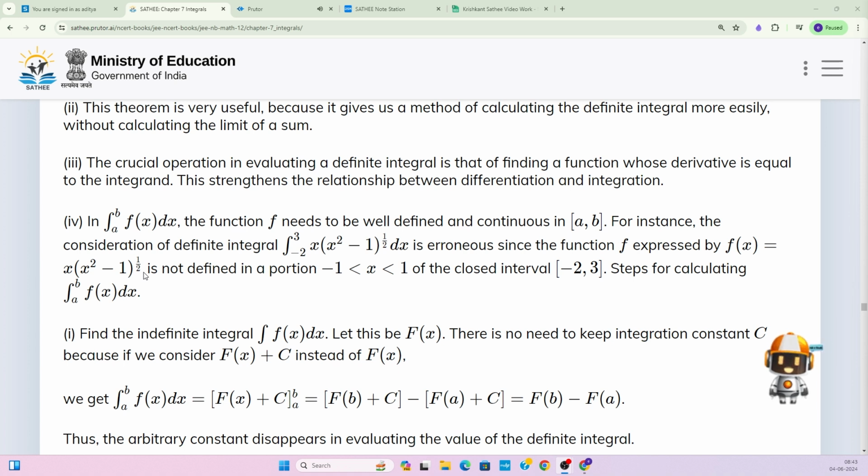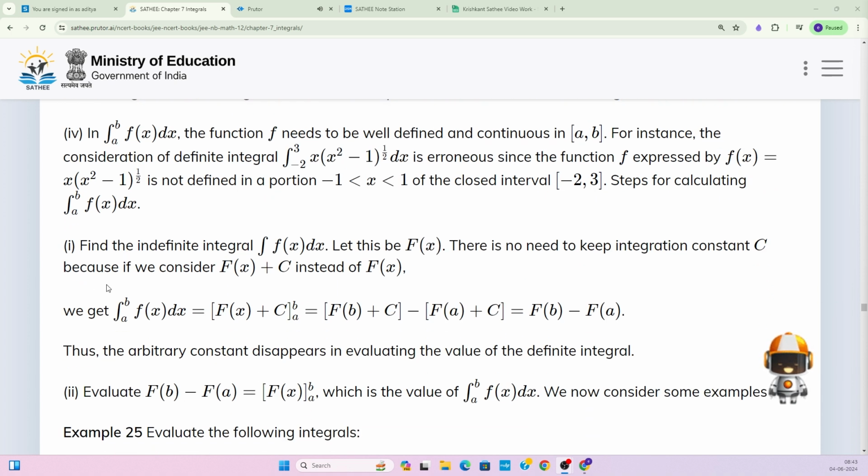Now let's see some steps to calculate the definite integral from a to b of f(x) dx, how you are going to calculate it. First of all, find the indefinite integral. Let this be capital F(x).